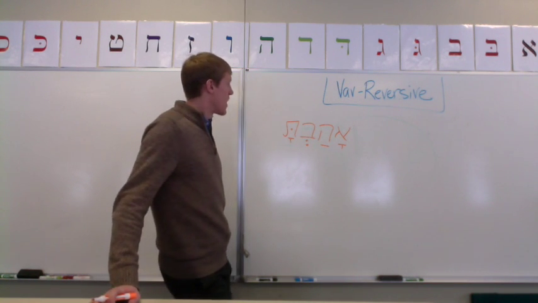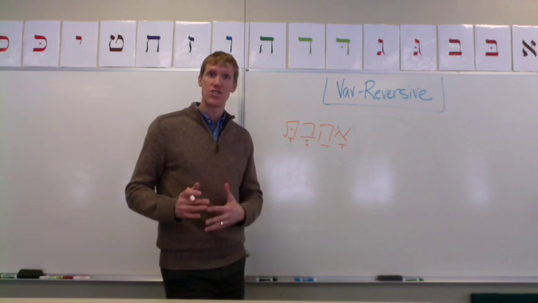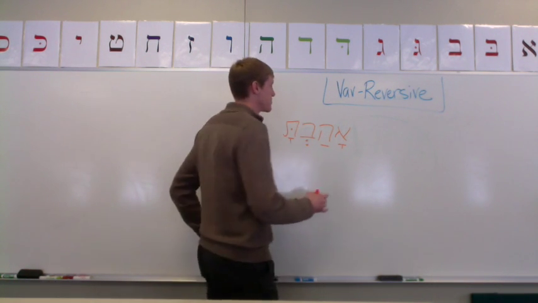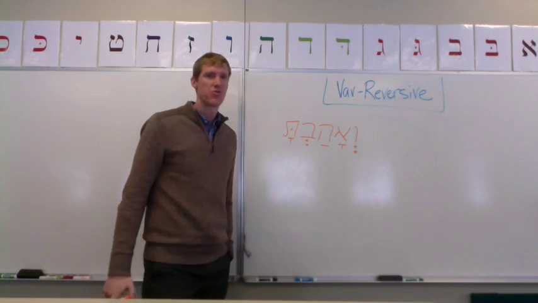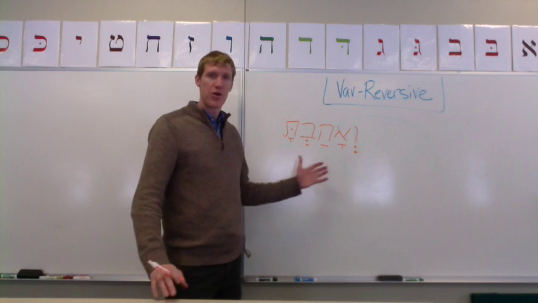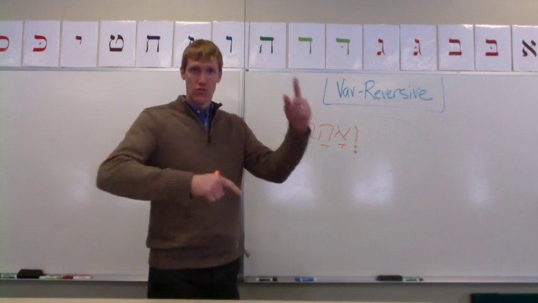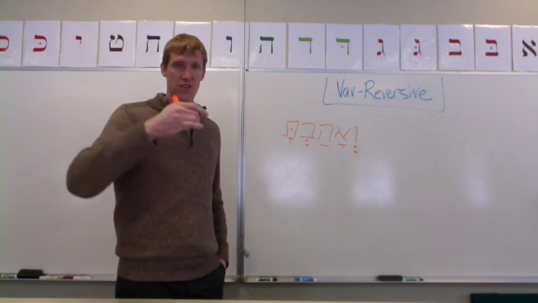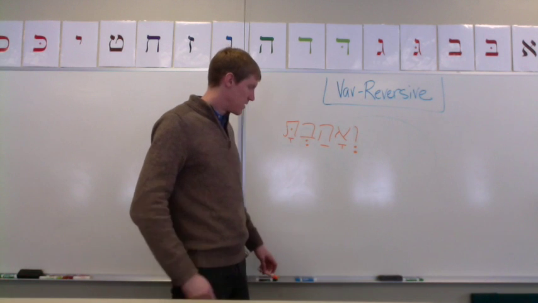Ahavta. And all you add is a vav with a shava. It's called a simple vav. A vav with a shava at the beginning of a perfect form, generally, reverses it and makes it a Vav-Reversive, pointing it off in a future direction in terms of tense.